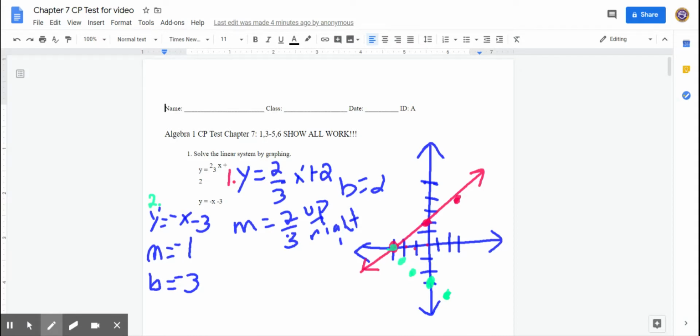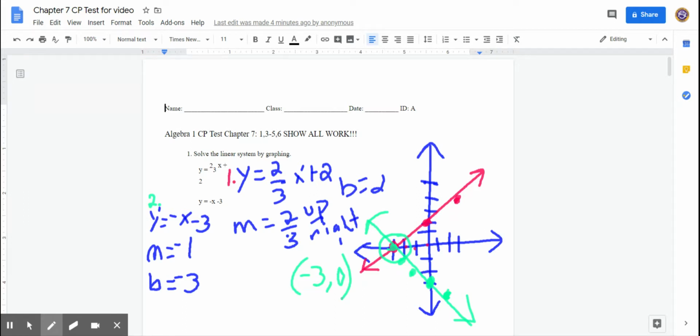And by doing that, by keep doing it, we can do it all the way till we see exactly where those two lines intersect, which is at this point right here, which is the ordered pair, -3, 0. Okay, so that's your answer.